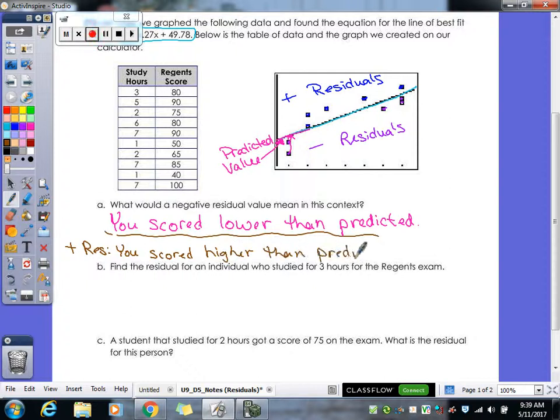So a positive residual in this context would mean that you scored higher than you were predicted to have done. In the context of this problem, would you have rather had a positive residual or a negative residual? Positive. Because in this case, positive means you did better than you should have done.